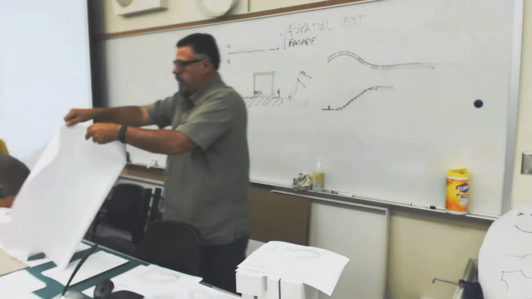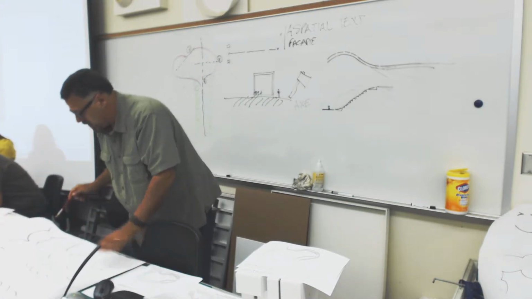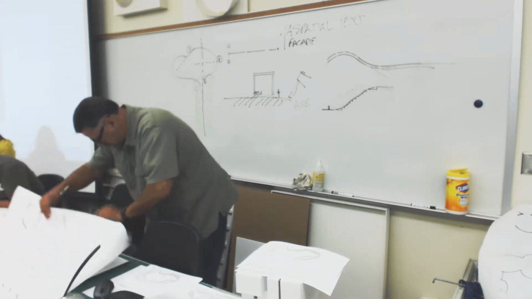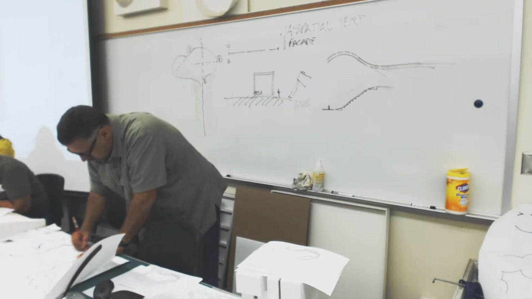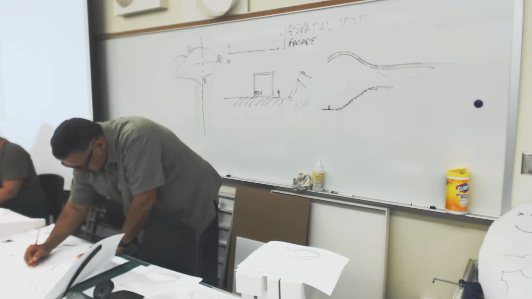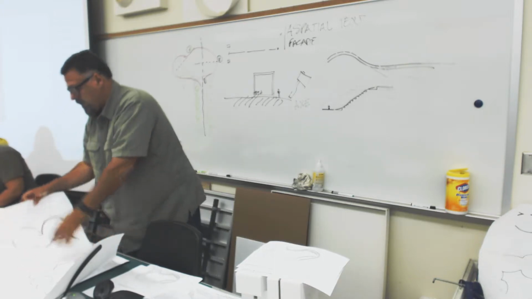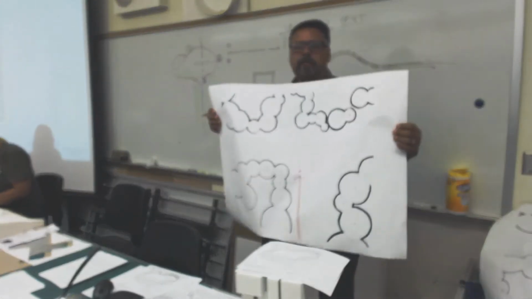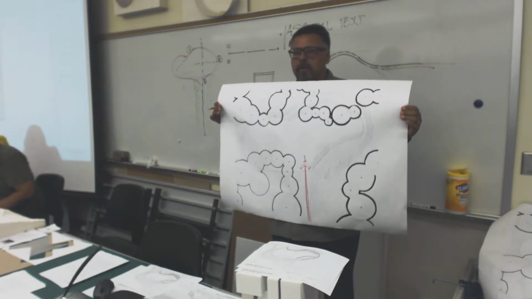Okay, so I'm going to draw these on here. So number 1: your first approach is by taking the road and creating a set of stairs up that slope onto the site.